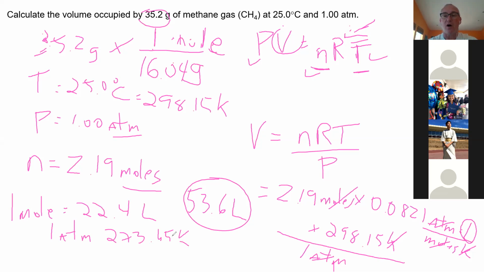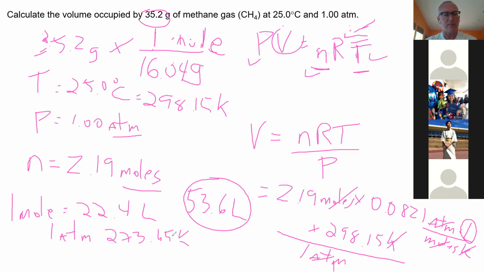So R brings together the volume, the number of moles, the temperature, and the pressure.